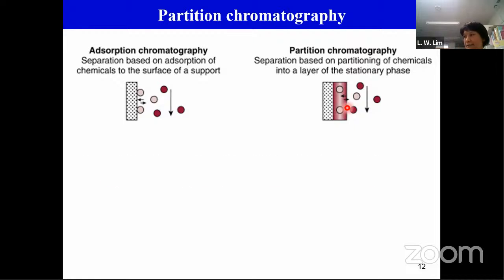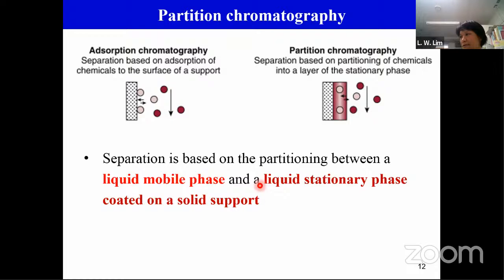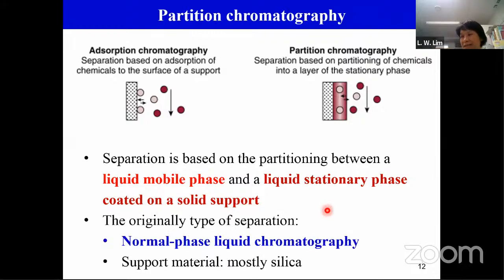Sorry, the definition of partition is based on the partitioning between a liquid mobile phase and a liquid stationary phase coated on the solid support.